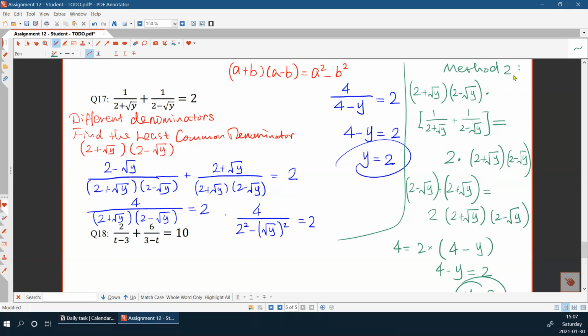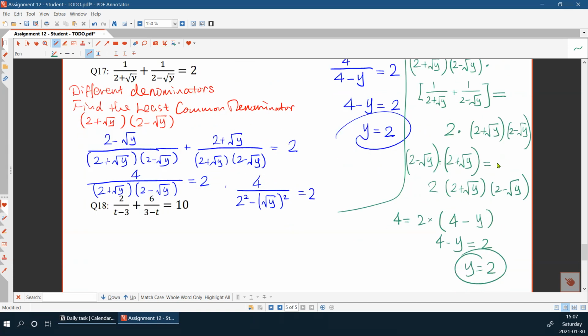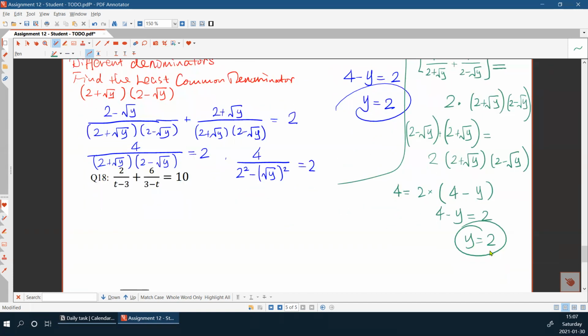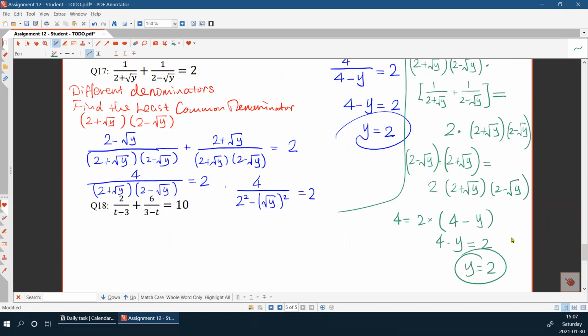And in method 2, we multiply both sides of the equation by the least common denominator, and then merge all the similar terms, and then eventually we can solve for y.